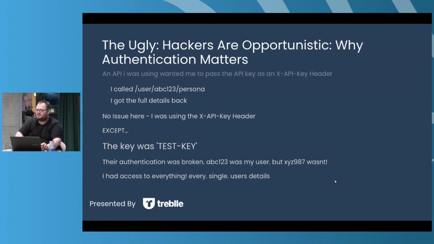I was using a test key, ABC123 was my user, but the next UUID I entered wasn't. I started getting users back that belonged to somebody else because their authentication state was broken. So authentication matters, but working authentication matters more.